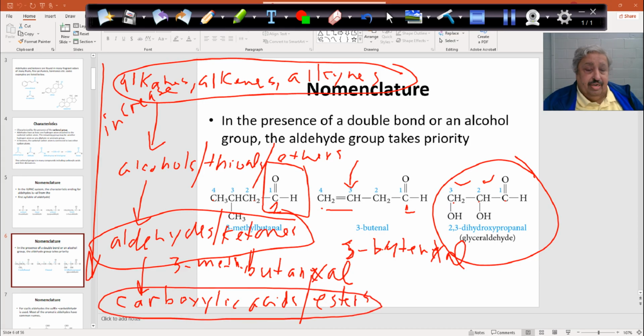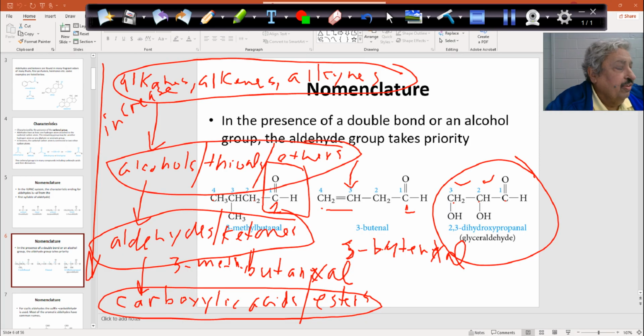So this is what we have to go through when it comes to naming functional groups. First you have alkanes, alkenes, alkynes, the least importance when it comes to naming the structure of a molecule. The alcohols are much more superior than the alkanes, alkenes, alkynes, along with the thiols and ethers.